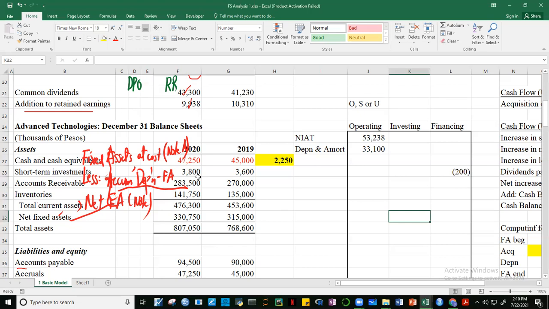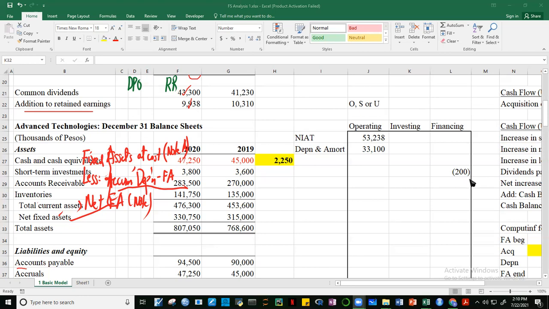And then papasok sa financing. Any questions, guys? Any questions? I expect some questions from you, guys. Wala? Ay, wait. Pag naka-parenthesis ba sa Excel, ano ito? Positive ba, negative? Guys, anyone?